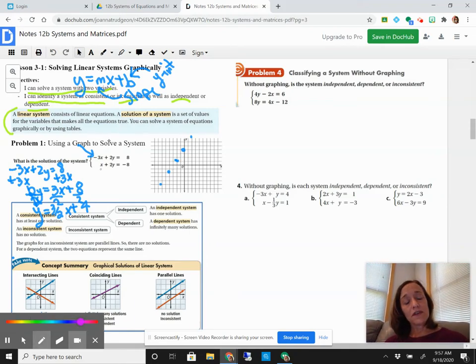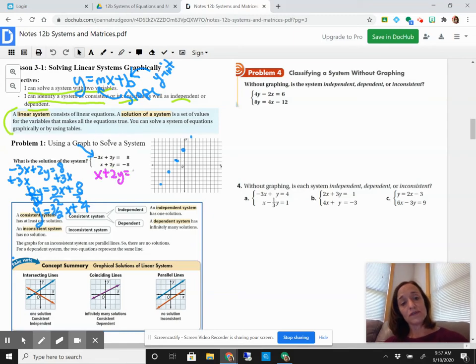And then the other one is x plus 2y equals negative 8. So subtract x, 2y equals negative x minus 8. Divide by 2. Remember, in front of this x, there's like a 1 there.